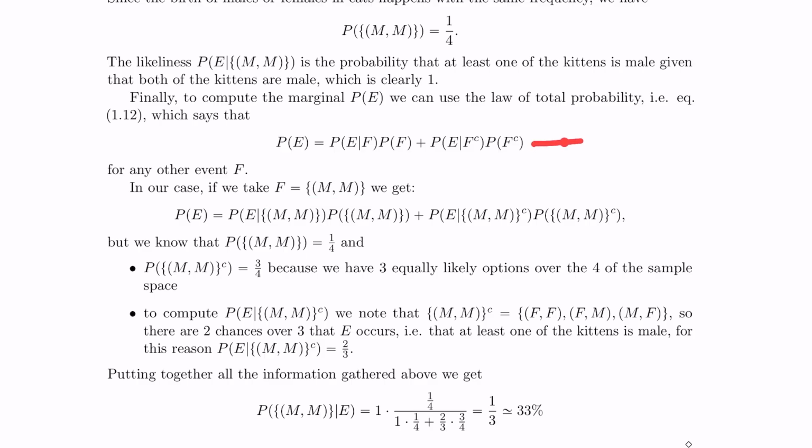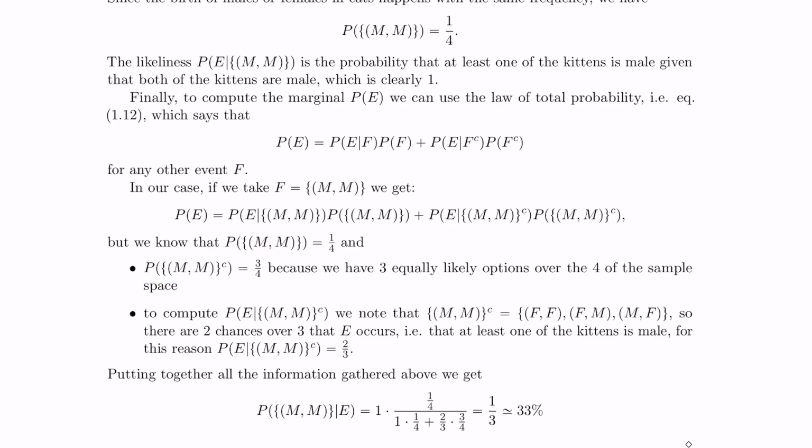If we rewrite the law of total probability using this choice, we obtain this formula here. Why was taking F to be the couple of 2 male kittens a smart choice? Well, because we already know that the probability of having 2 male kittens is 1/4. So the probability of the complementary is 3 divided by 4.